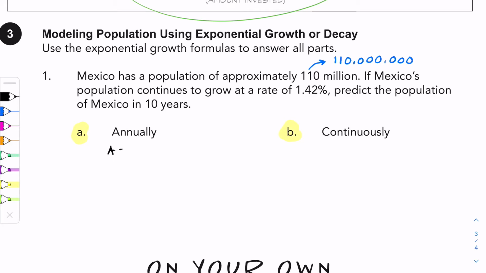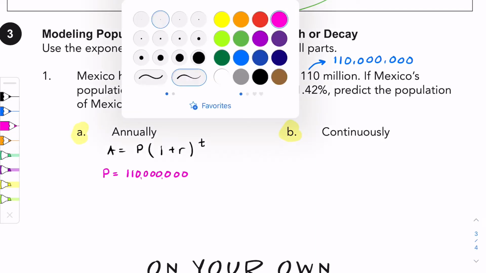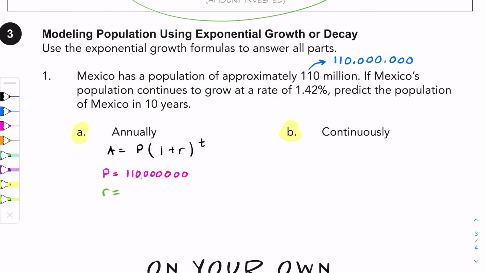The annual formula is the principal amount multiplied by 1 plus the rate raised to the power of time. I know that the principal amount, or the starting population, is 110 million. I know that my rate is 1.42%, which converts to 0.0142.